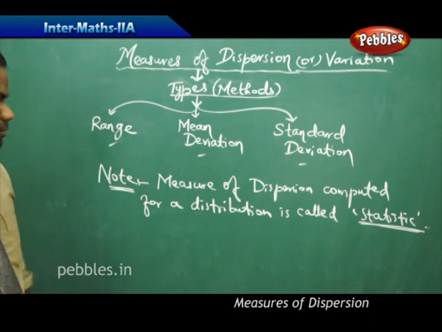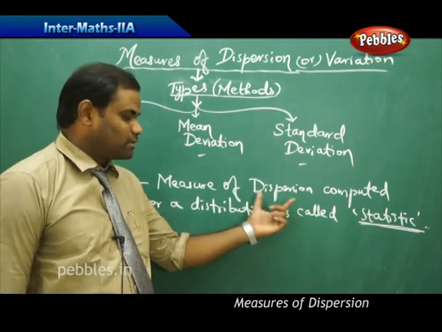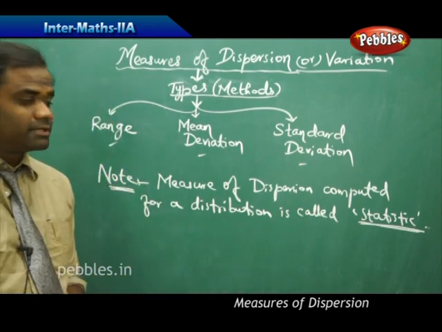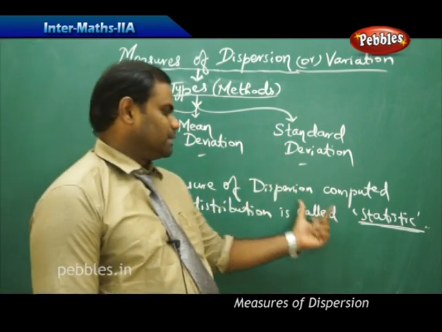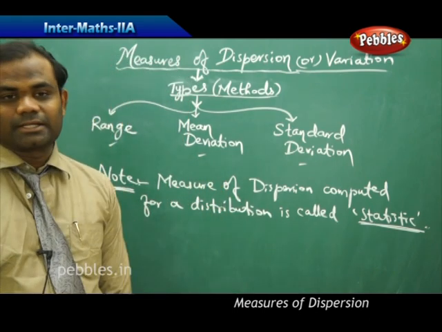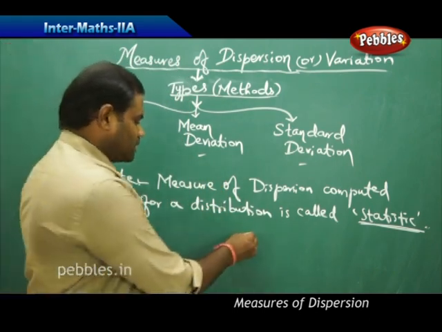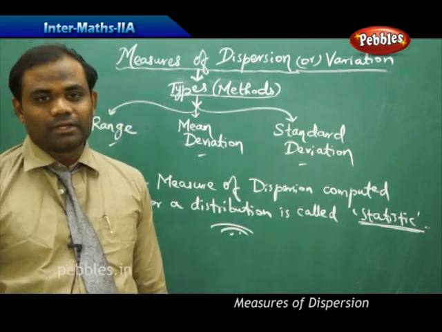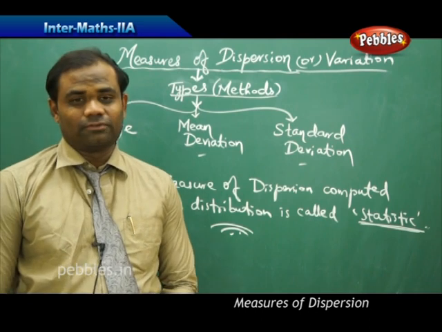So if we compute a measure of dispersion for a distribution, like the frequency distribution table, then that measure of dispersion computed is called statistic, is how we understand the various statistical definitions in discussing the measures of dispersion.